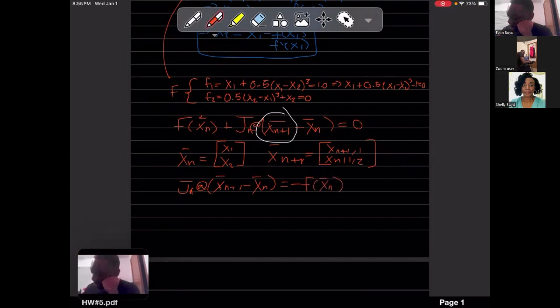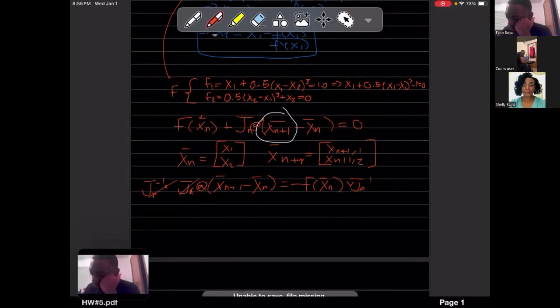Okay. We then want to move our Jacobian over to the other side. So instead of just dividing, we will multiply by the inverse of the Jacobian to cancel this out, which will cancel the left-hand side Jacobian out.